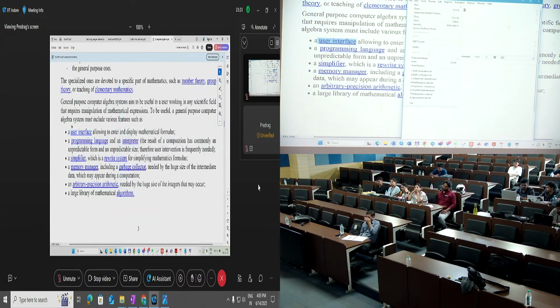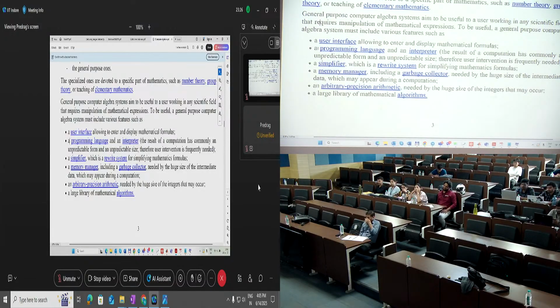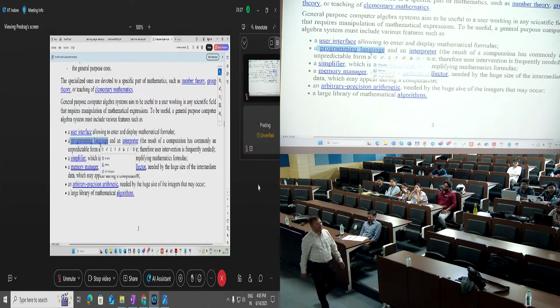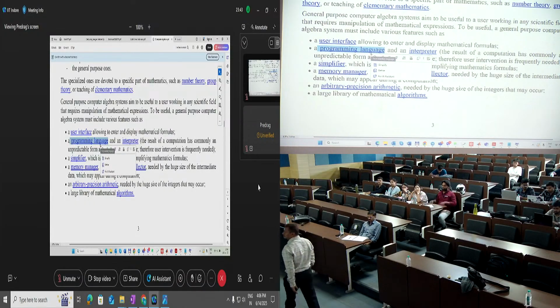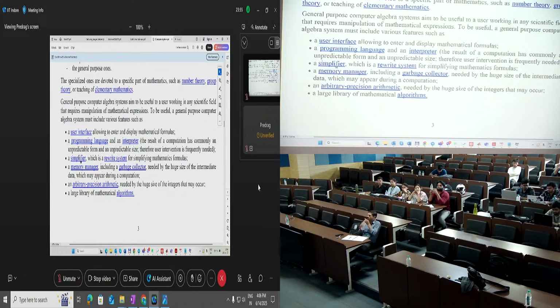Programming language. Of course, Mathematica is not only typing one expression and obtaining a result. Behind Mathematica is a programming language, the Wolfram language, and we will be able to make programs to define our functions.